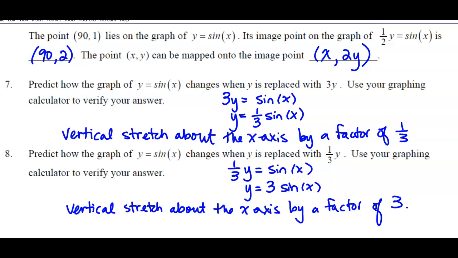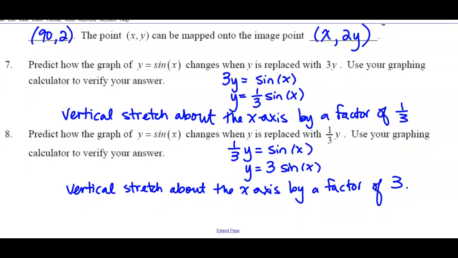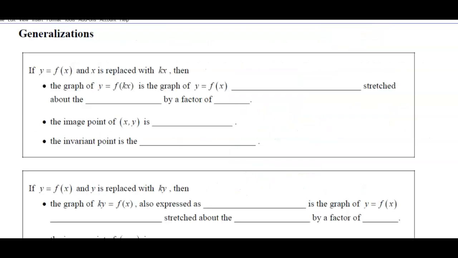So we're going to summarize those parts. Okay, so if x is replaced with kx, the graph of y equals f of kx is the original. We just did it with sine, but this is for any graph, any function.